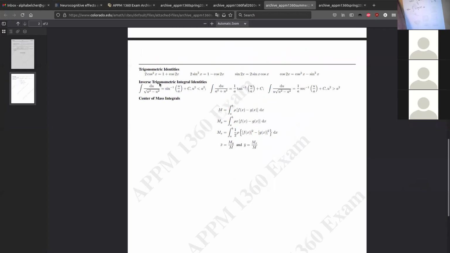So check your formula sheet. Cosine squared x is 1 plus cosine 2x all over 2. They give you the moment formulas too.